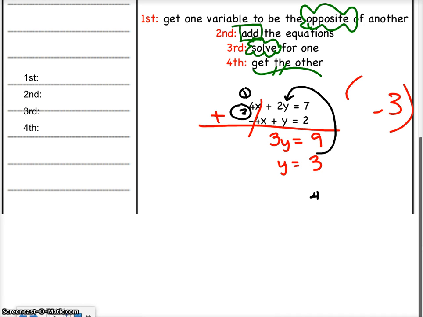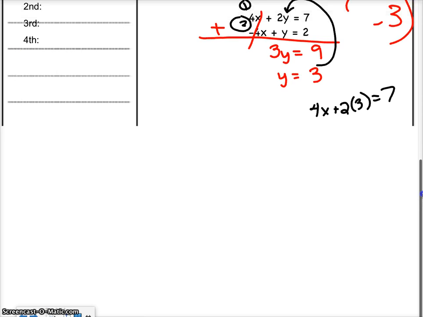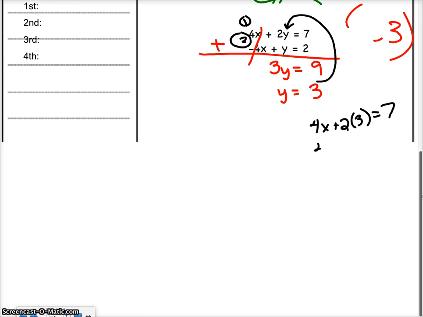So then I have 4x plus 2 times 3 equals 7. 4x plus 6 equals 7. 4x equals 1.